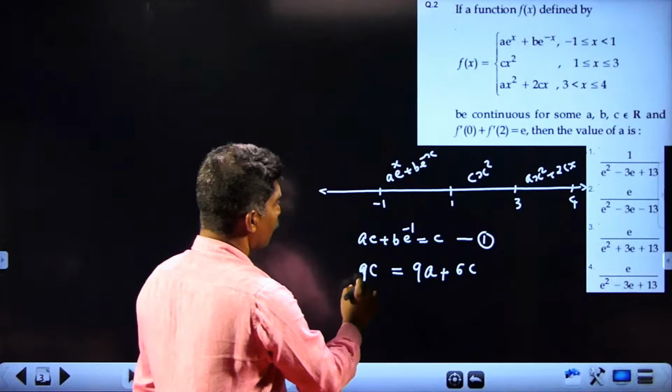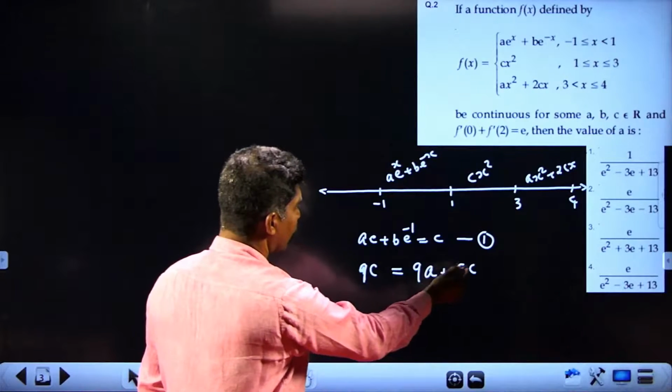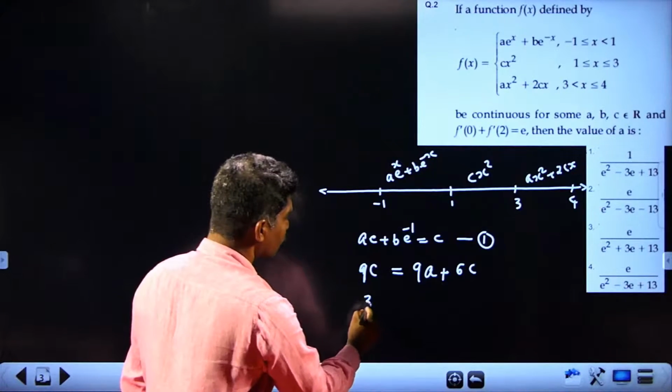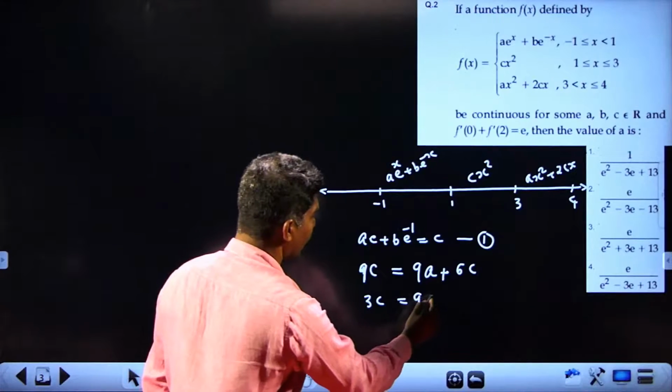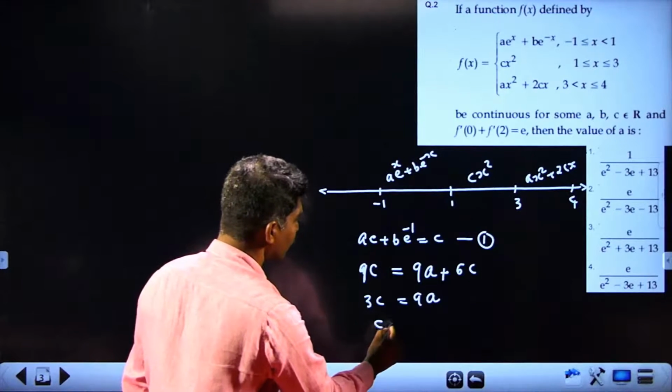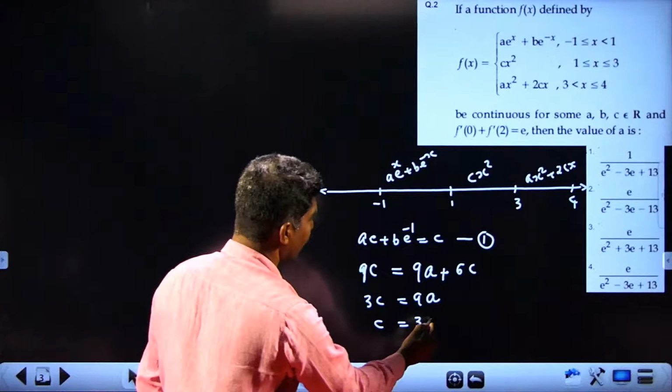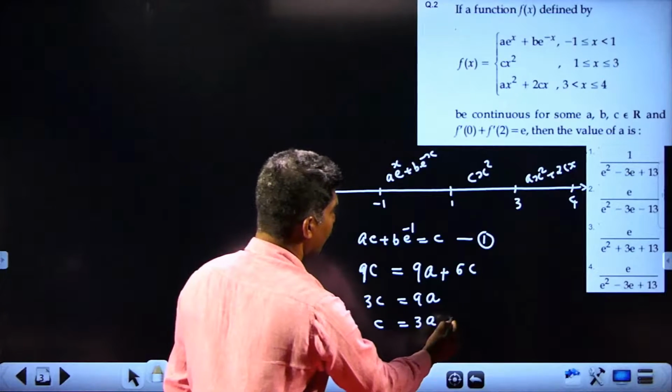So we can say that 9c and 6c combine, so 3c is equal to 9a. Therefore, c is equal to 3a. Let that be equation number 2.